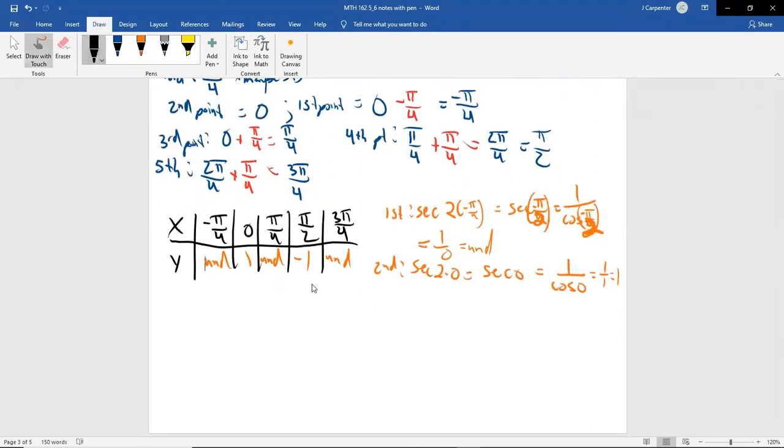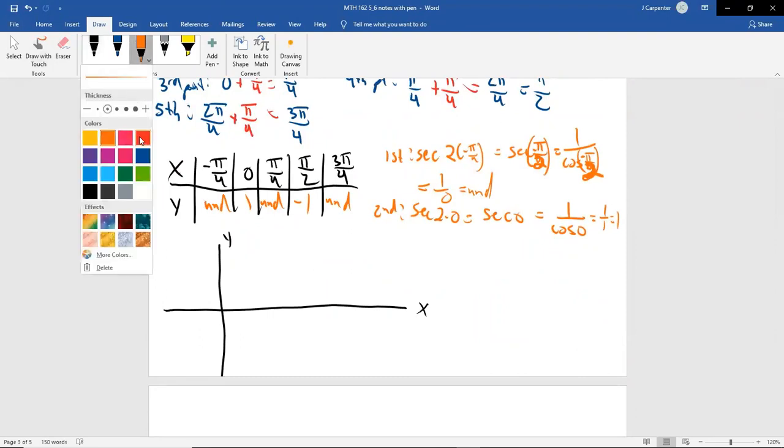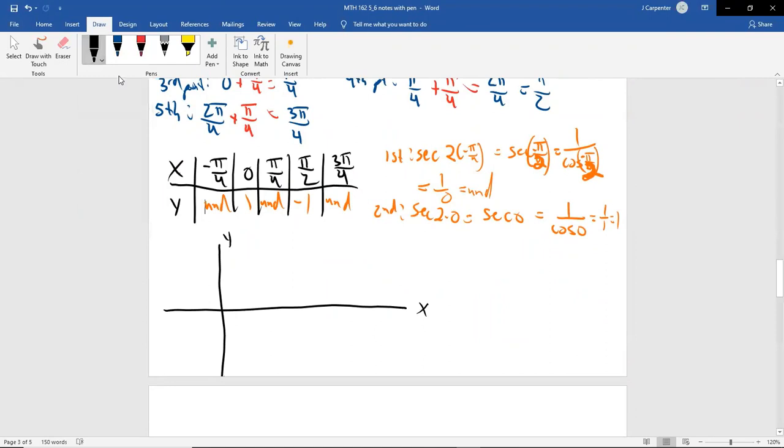So then we can draw our, quote, wave. X, y. We got x values of negative pi over 4, 0, pi over 4, pi over 2, and 3 pi over 4.